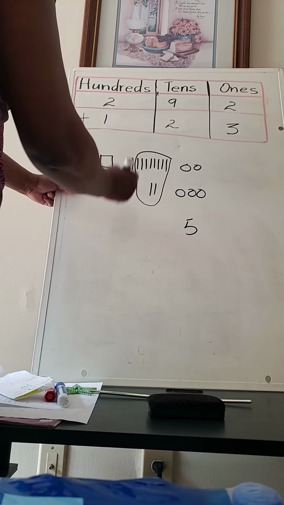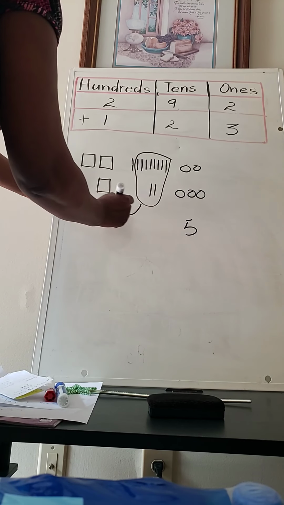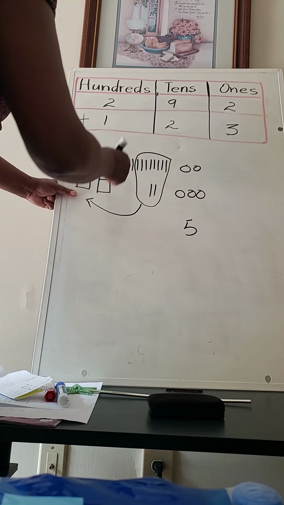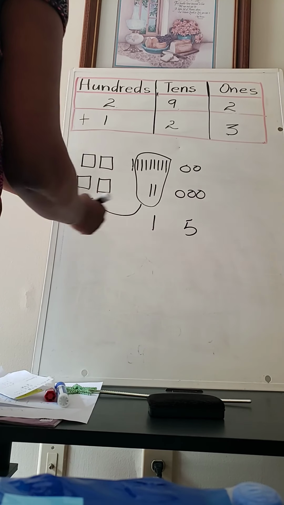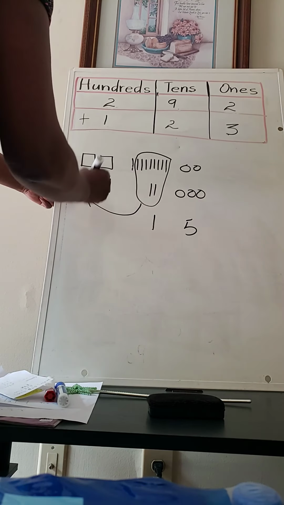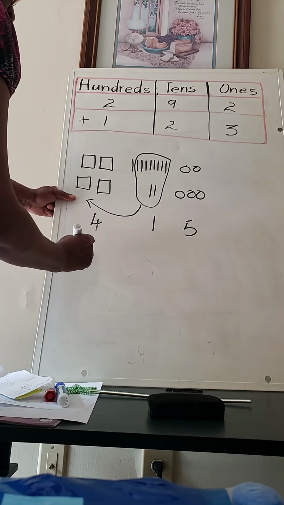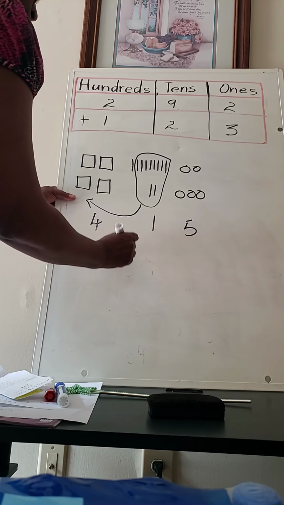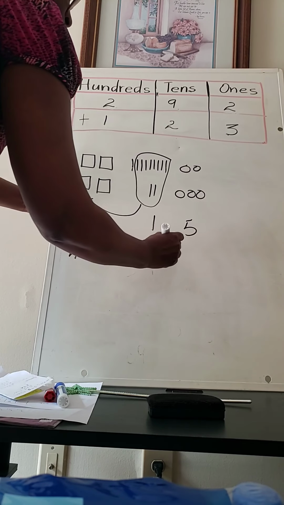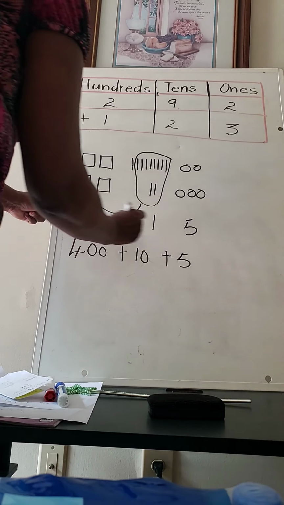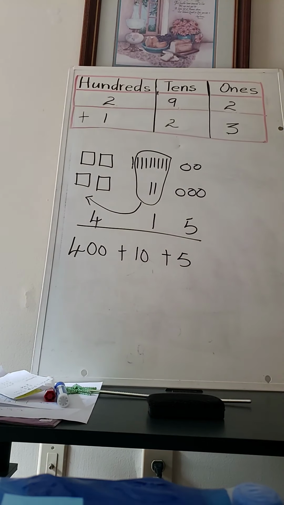So here we have this 100 coming across, so we have 10 left over. 1, 2, 3, 4. So it is 415. In expanded form, it will be 400 plus 10 plus 5.